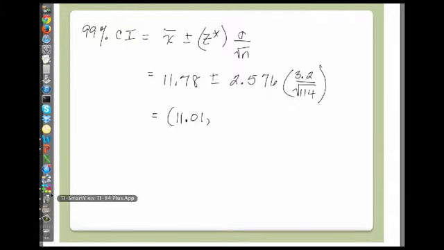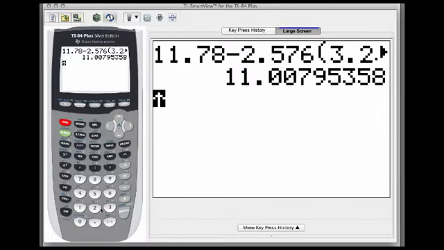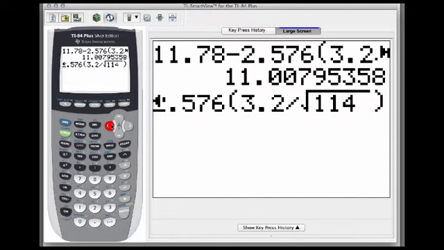All right, so let's go get the other one. So remember, you can just do second enter and then backtrack with your left arrow to get back to change the minus sign to a plus sign.